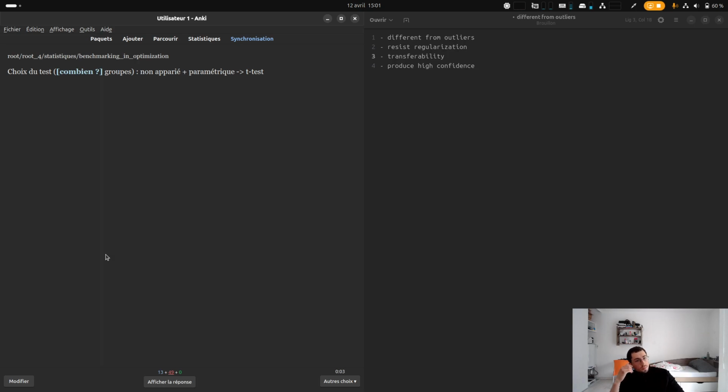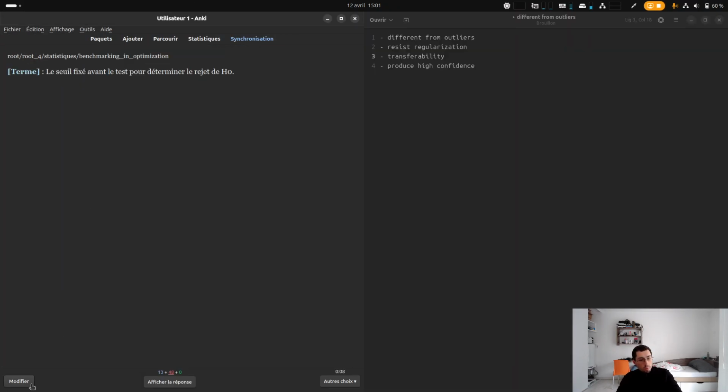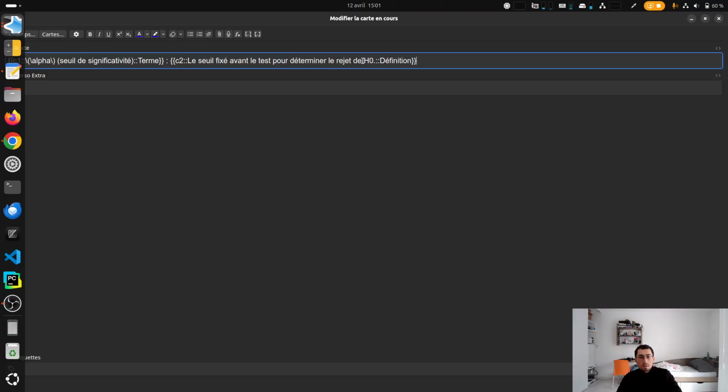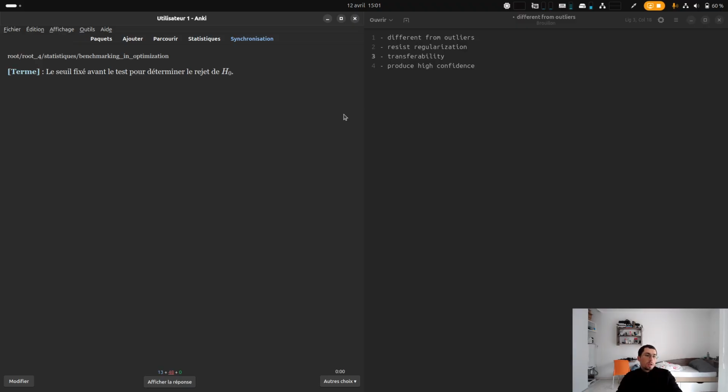Non-matched, parameterized, and for two groups, t-test. That's the alpha. And see how this card is not properly formatted. We forgot this here. That's the alpha. Hypothesis by default, it's the H0, the null hypothesis.